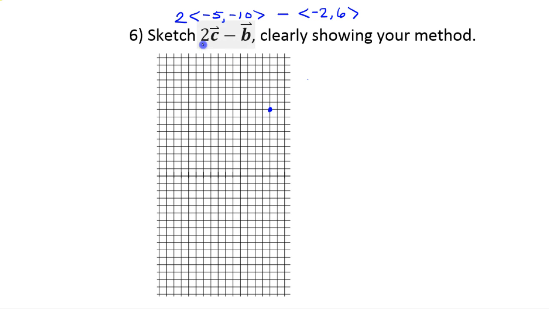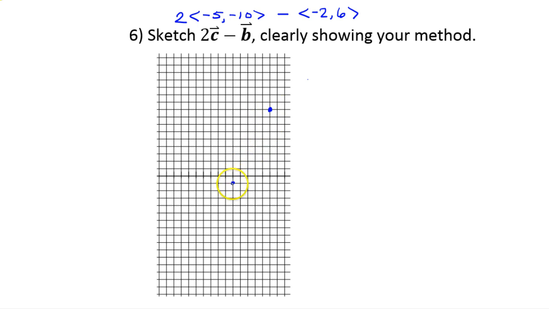So I'm graphing the vector 2c, which means I'm going to really just start by graphing vector c. Negative 5, negative 10. That means from the initial point I will go left 5 and down 10. So I'm just going to count very carefully. Okay, so this is my initial point, and my terminal point would be here.